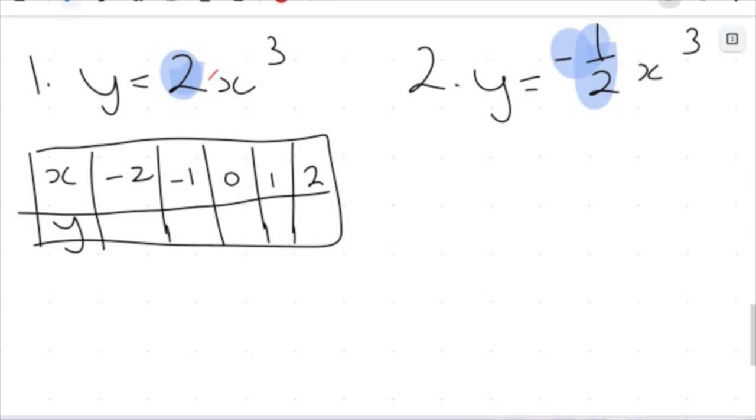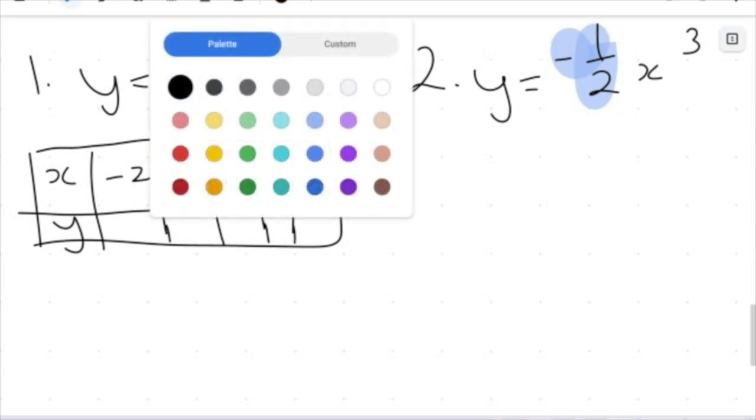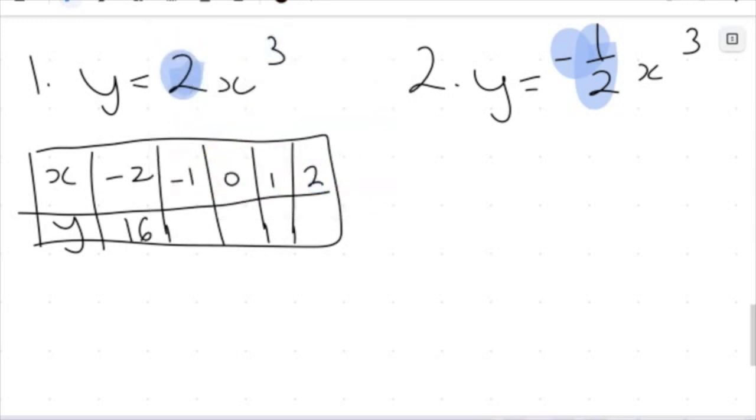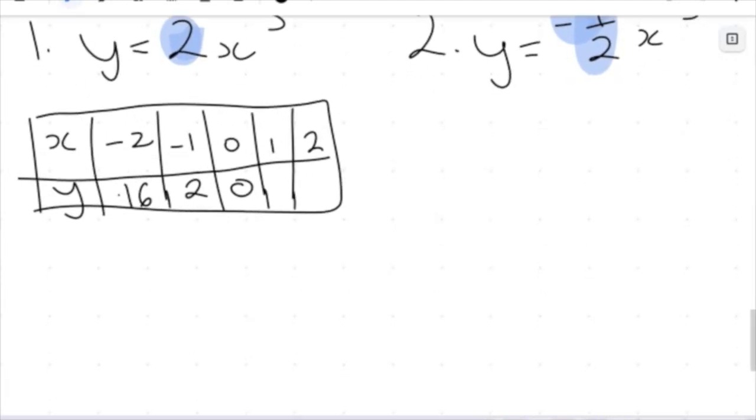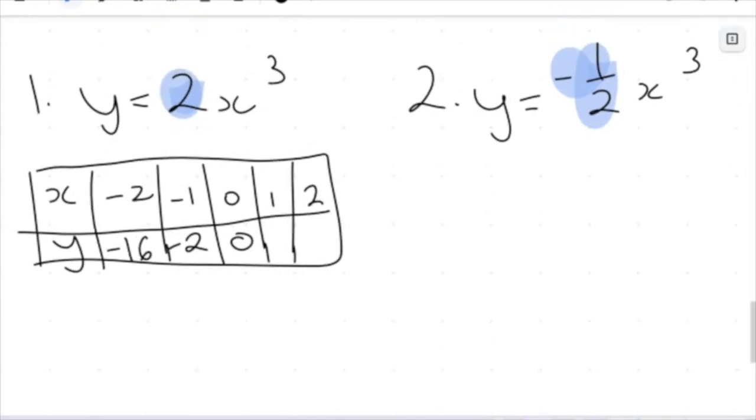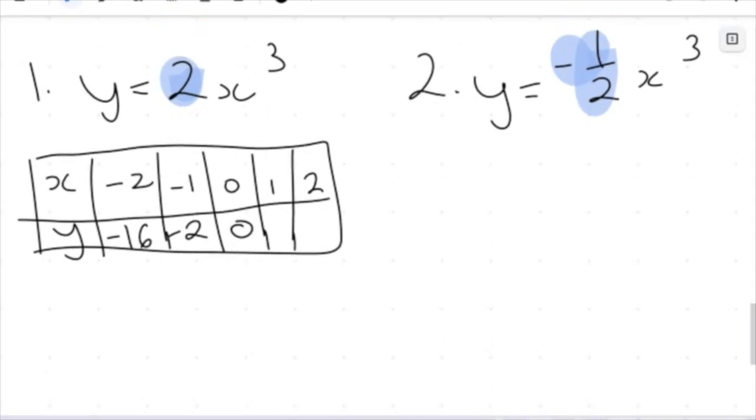So this gives me 2 times 8, that gives me 16. Oh, sorry, we have negatives here, my bad, because -2 cubed gives me -8, times by 2 gives me -16. -1 cubed gives me -1, times 2 gives me -2, 0 is just going to give me 0, and then these ones are going to be positive here.